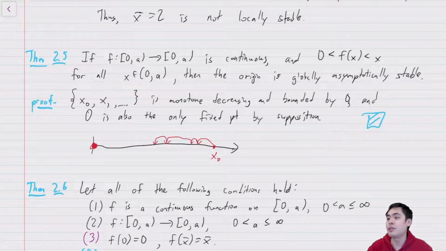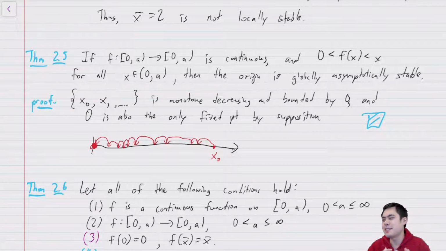And notice that this is true for any x that's greater than 0, and so it has to keep on going. And 0 is the only fixed point, and so it can't just stop at one of these other points, and so it eventually has to make it all the way down to 0.